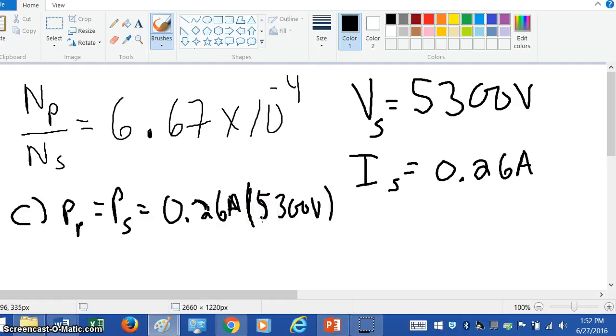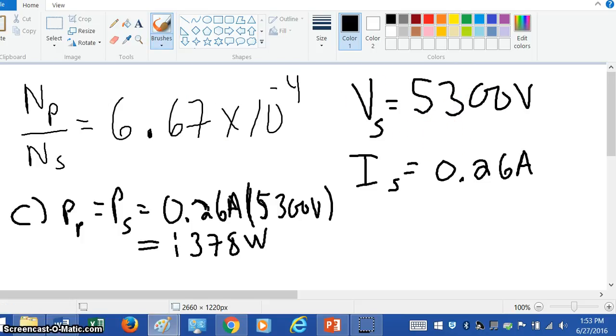So the 0.26 times 5,300, I get 1,378 watts. All right, so that's the power in the primary, which is also the power in the secondary. So remember, we can always answer that question first because we're given two numbers that'll allow us to do that.